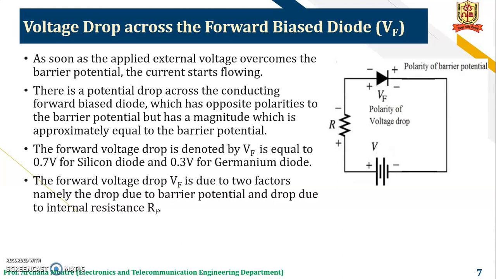The forward voltage drop, denoted by VF, is equal to 0.7 volt for a silicon diode and 0.3 volt for a germanium diode. The forward voltage drop VF is due to two factors, namely the drop due to barrier potential and the drop due to internal resistance RF.